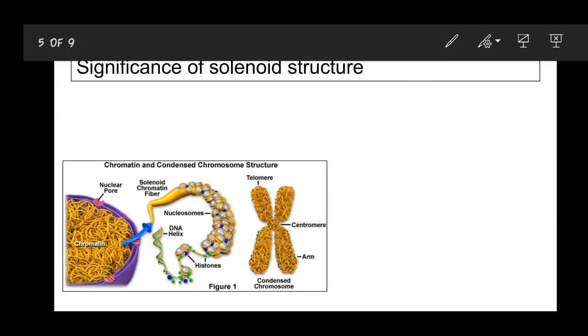Gene expression is something we'll talk about in detail later. For this discussion, let's put in the term gene. A gene is nothing but a fragment of your double helical DNA which is capable of producing a protein, which means it is capable of producing an mRNA.